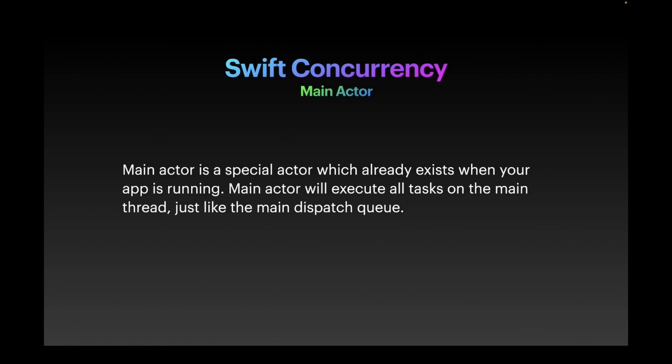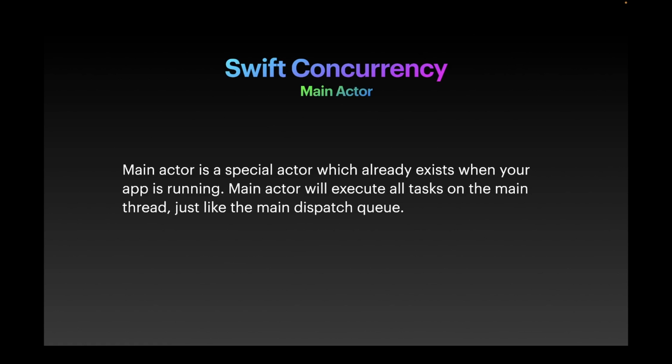We just scratched the surface of the actor system, and there are still lots of things you may want to know if you really want to use actors to achieve concurrency. But anyway, we're just going to jump to another topic, which is some special actors that already exist in our system when our app is running.